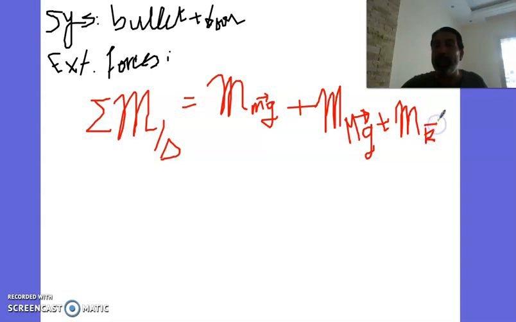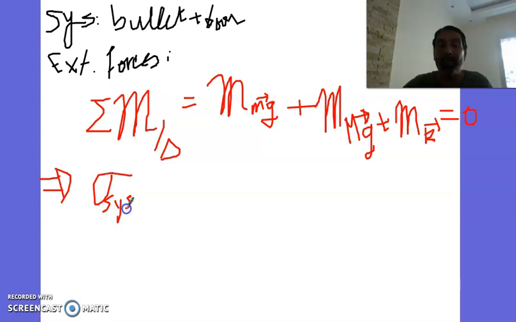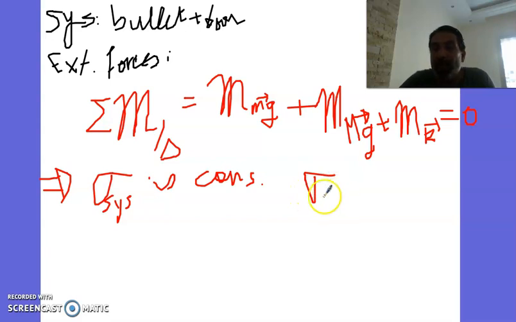And you have to mention this in the exam, it is zero, so the angular momentum of the system, not of one body, is conserved. It means that sigma initial equals sigma final.